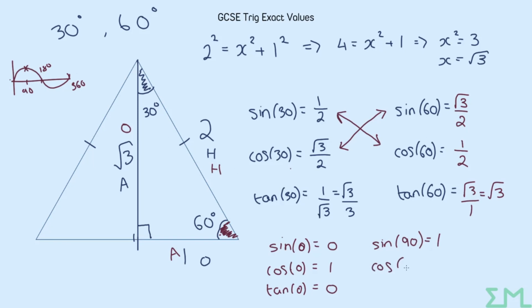Cos 90, again, a quick sketch helps us. Cos looks like this, ending at 360 here, 180 in the middle, 90 there. So it's 0. And we remember what happens with tan 90. It's not actually defined. Tan 90 was where we had the asymptote. So there is no requirement to know the value of tan 90 because, well, it doesn't exist.